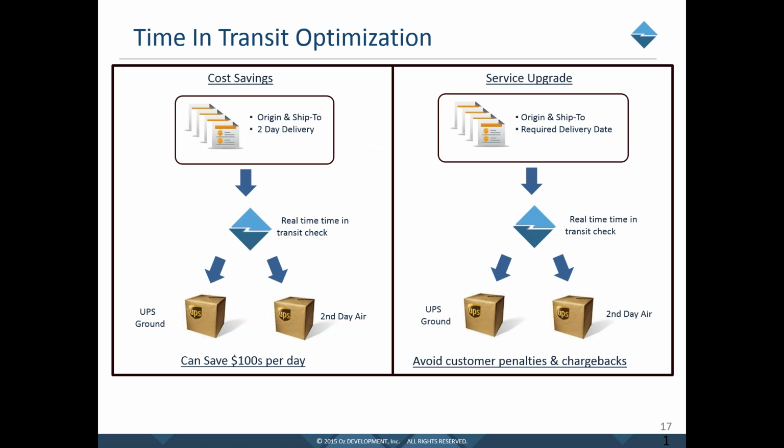But certainly, if it's, let's say, scheduled for second day or some premium service, what OzLINK can do is look at the time in transit real time at that ship station when the pack slip is scanned, so it can say, well, based on the destination and the time in transit, this can actually be shipped ground and still get there tomorrow. So that allows the customer to downgrade that service and save a significant amount in shipping.